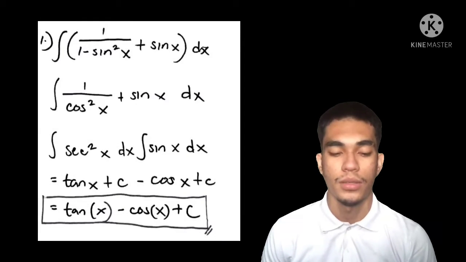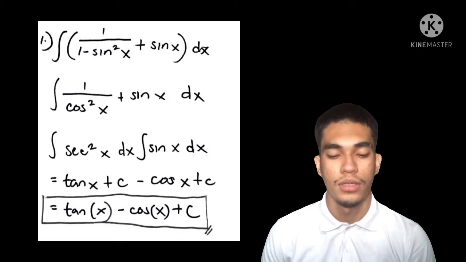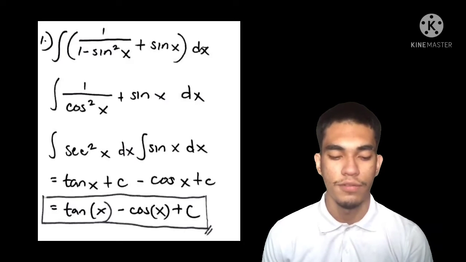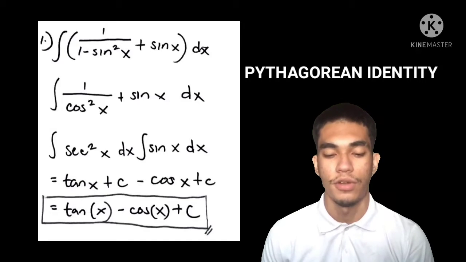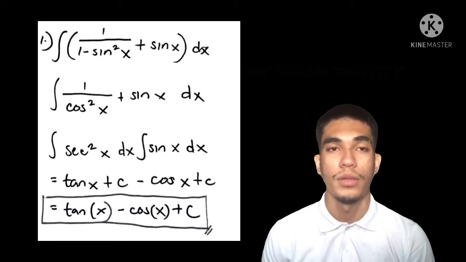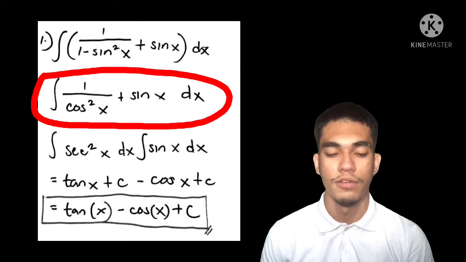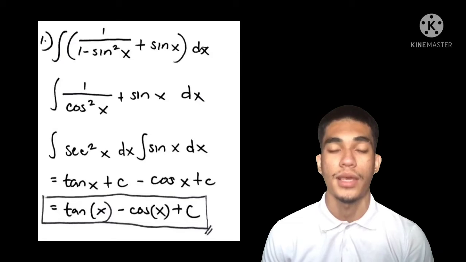So for number 1, we have here the integral of 1 over 1 minus sine squared x plus sine x dx. In order to solve this, we will apply the Pythagorean identity for our 1 over 1 minus sine squared. Now we have the integral of 1 over cosine squared x plus sine x dx.